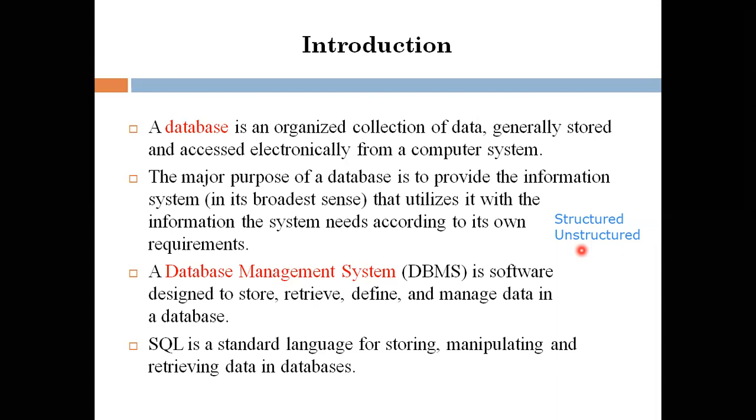All these are examples of unstructured data. If I talk about WhatsApp, the data can be an audio, a video, an image, or a simple text. It can be anything. That is called unstructured.